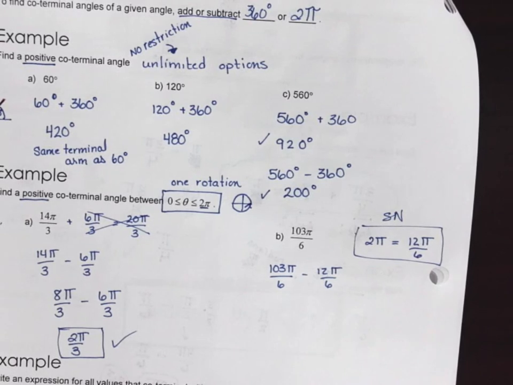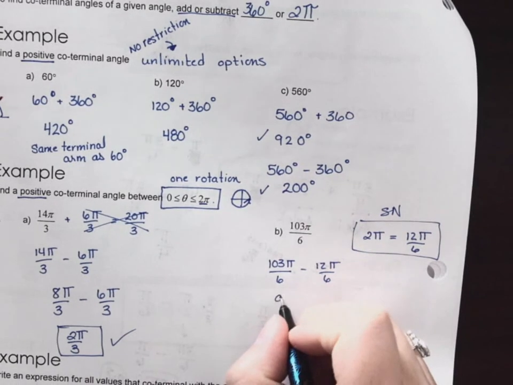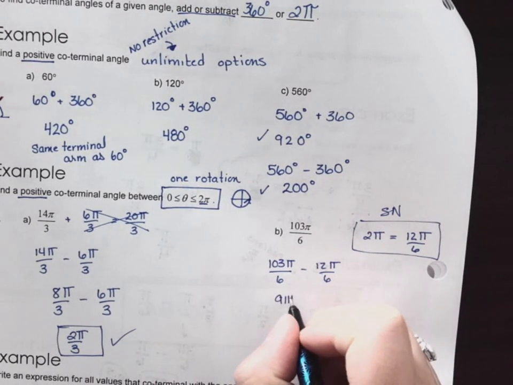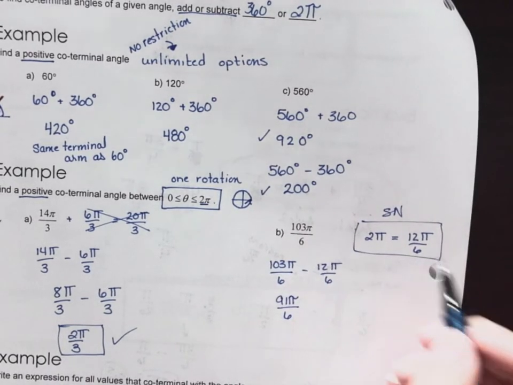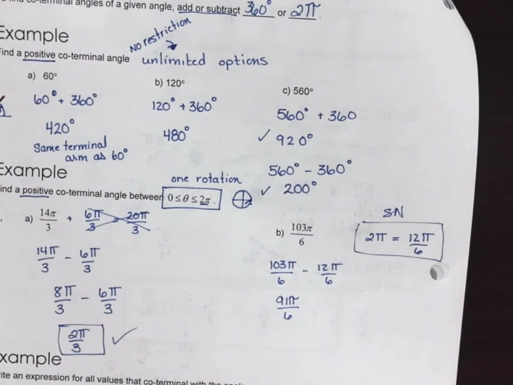So where am I? Is that going to be 81? No. 91. 91 pi over 6. I got to get it down to 12 pi. I'm not going to do this one by one. I'm going to say, how many rotations do I got?